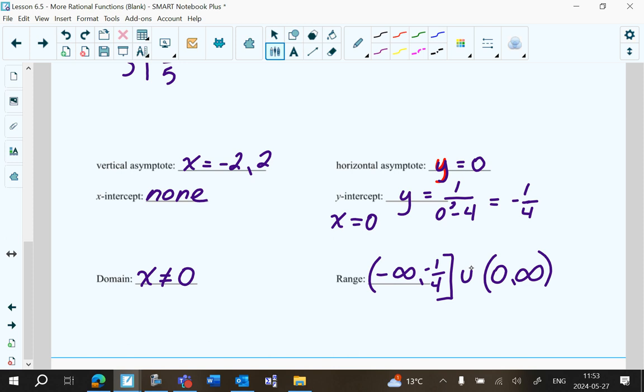There's a gap there, isn't there? Yes. There's a gap, because it goes from negative infinity all the way up to negative 1/4. And then there's a gap. And then it's the horizontal asymptote at y equals 0, and then it goes up forever. So there's a gap between here and here.